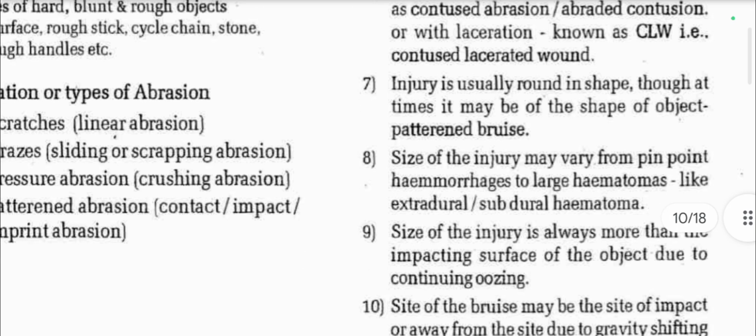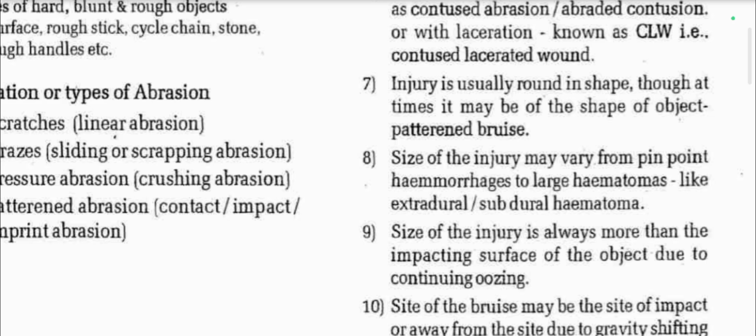So one thing you have to remember, whenever there is damage to the subcutaneous tissue or dermis of the skin, that is called a bruise. But whenever the damage occurs in viscera, that is called contusion or ecchymosis. So whenever skin is mentioned, that is bruise, and if viscera, contusion. The injury is usually round in shape, though at times it may be of the shape of the object, which is called patent bruise.